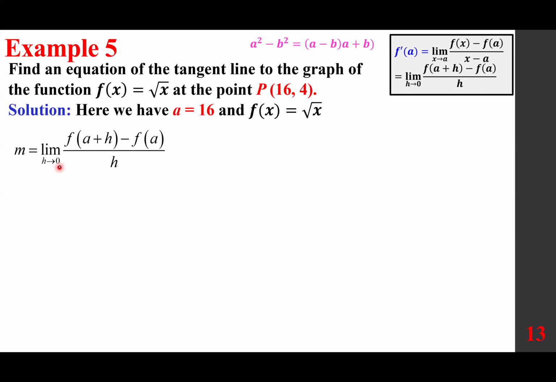So this one we're going to use right now. We are going to replace the a with 16. So we're going to say m is f prime of 16, the limit of f of 16 plus h minus f of 16 over h as h approaches 0.